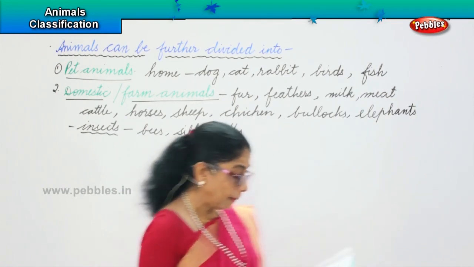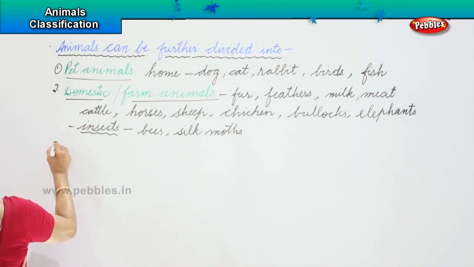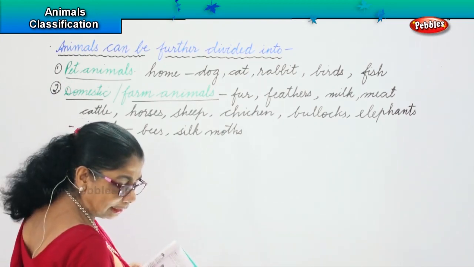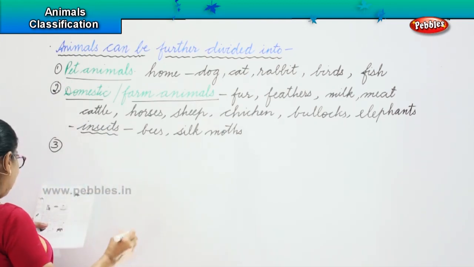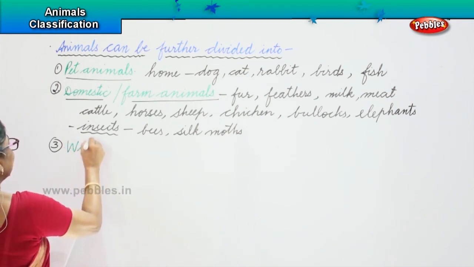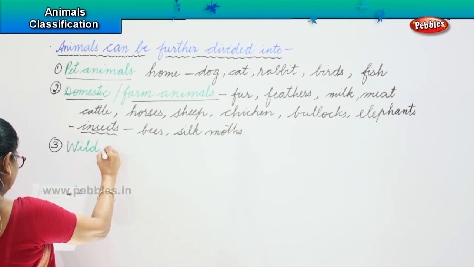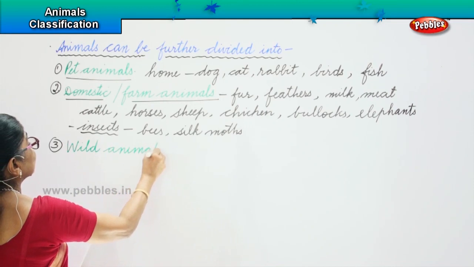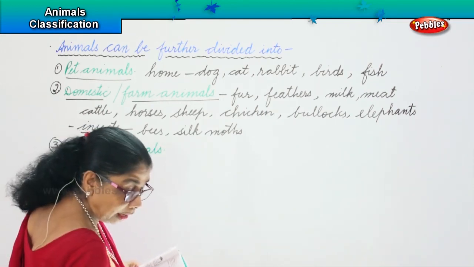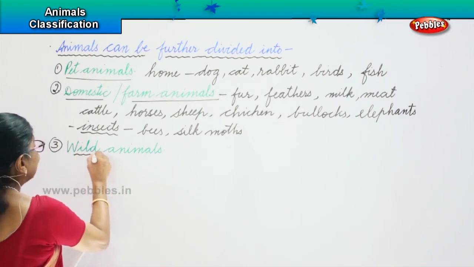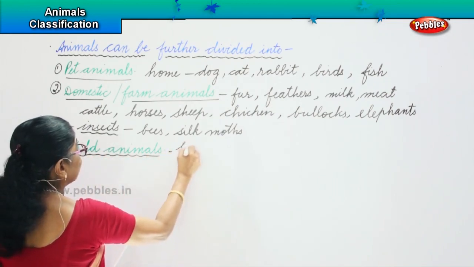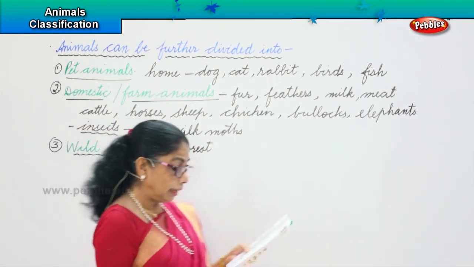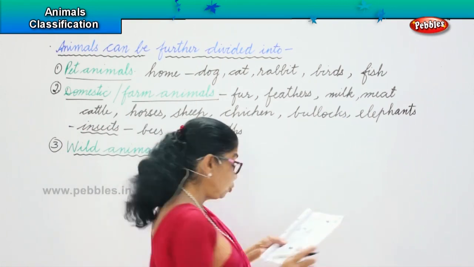Okay. Next, we look at wild animals. So we looked at pet animals, domestic or farm animals, and wild animals. Now, we know wild animals are those that live in the forest, jungles and forest. All right? They are very ferocious.